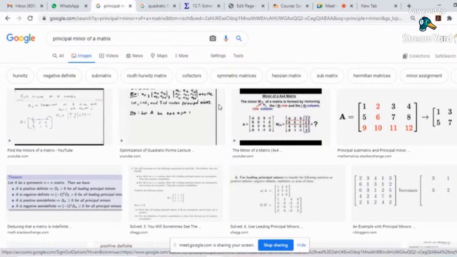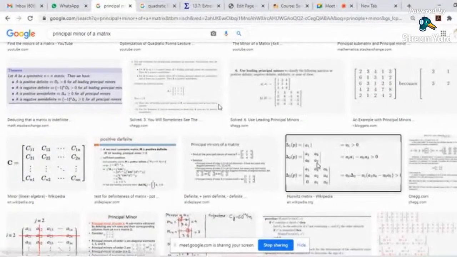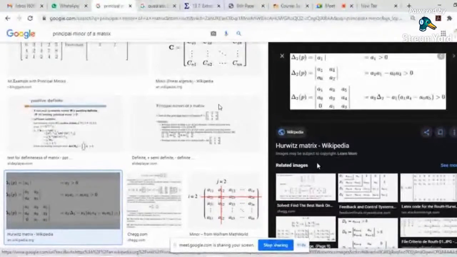Yeah, what is the principal minor? What is exactly a principal minor? Suppose we are considering a 3 by 3 matrix.